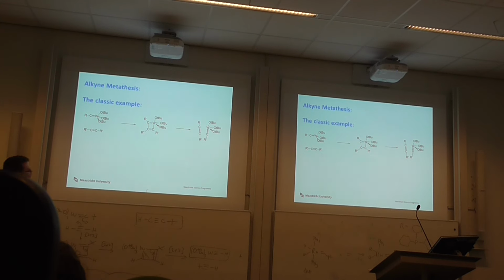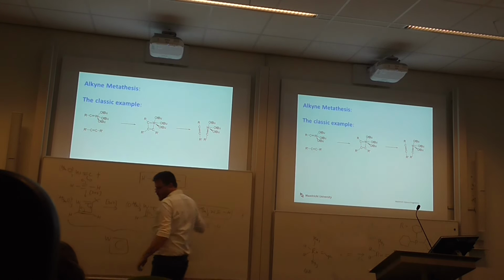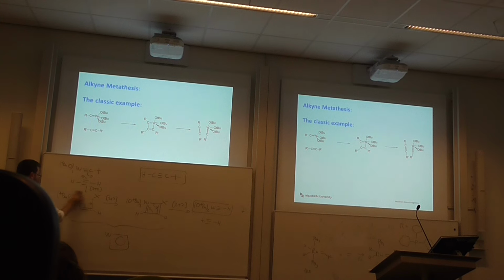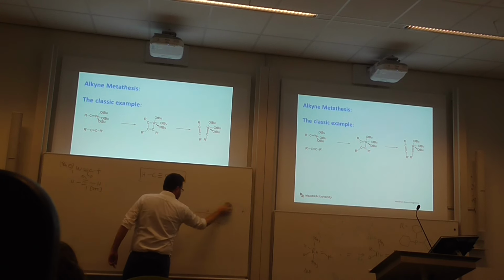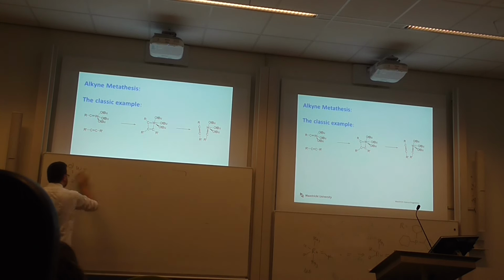What would happen if I were to react an alkyne with a catalytically active carbene complex, like Grubbs catalyst, for example? So what I'm saying is, let's for argument's sake, say, what if I react, I'm just going to write down a generic complex.